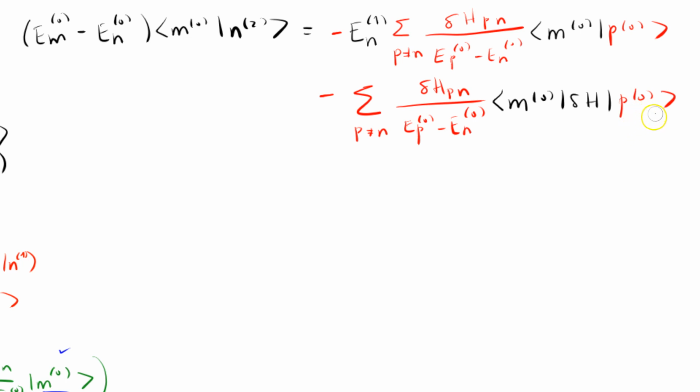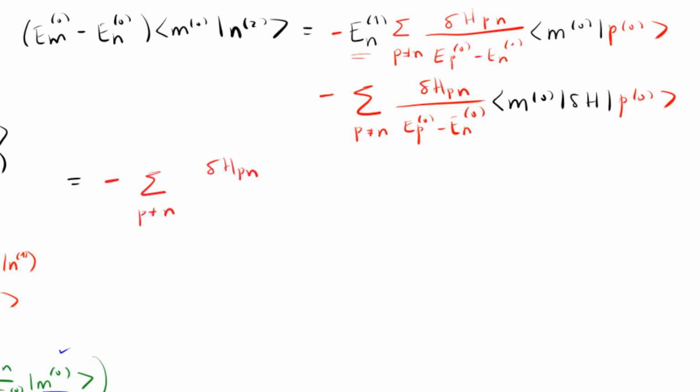The red is n1. Now I have to plug in en1. I'm gonna have to use a different color for that one, aren't I? So this is equal to negative sum over p does not equal to n, delta h p n.